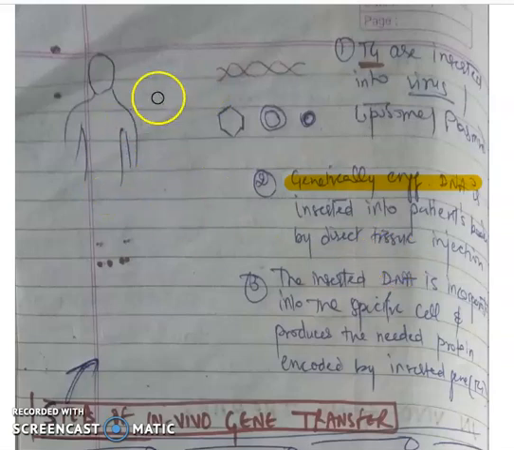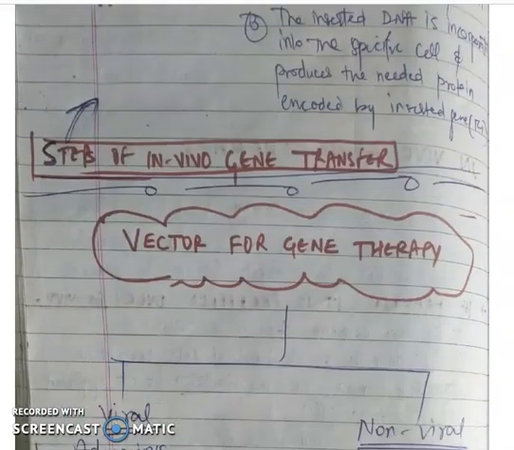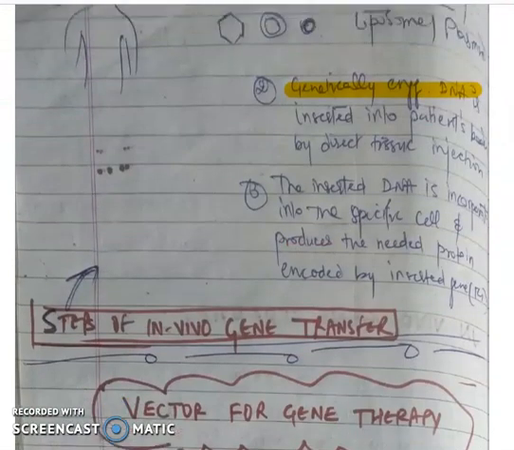An injection syringe is drawn over here, and either of these complexes is put directly into the patient's body by direct tissue injection, and the inserted DNA is incorporated into the specific target cell or tissue and produces the required protein that is encoded by this therapeutic gene. Okay, so this is the brief diagram.